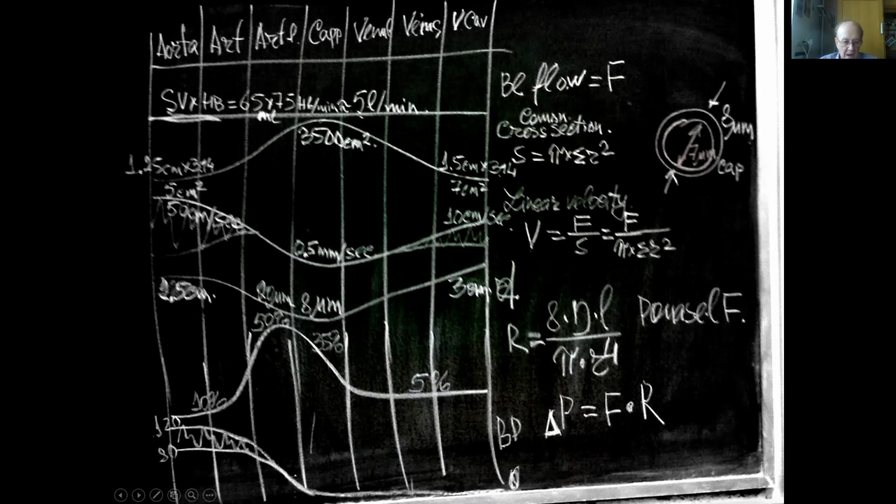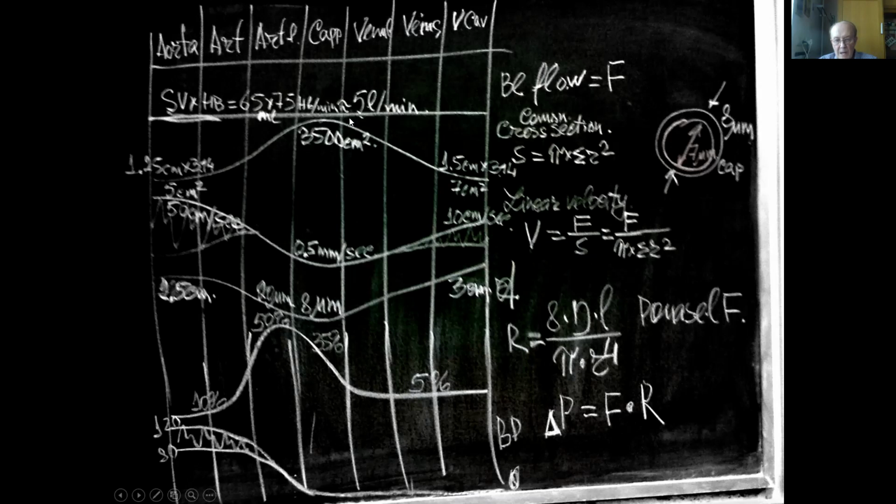This is the same correlation, the decrease, but in the veins, there is no correlation. Why does it happen? It happens because they depend on other parameters. The linear velocity depends on the blood flow and the common cross-section. It is inversely proportional to the common cross-section.